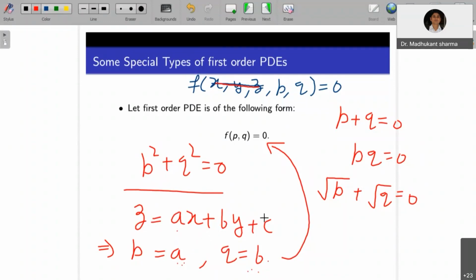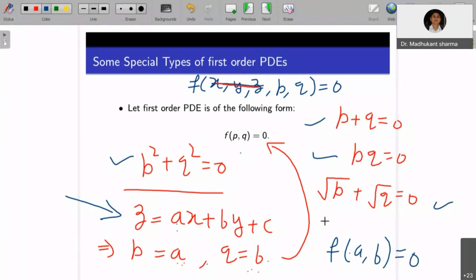One arbitrary constant can be eliminated in this fashion. So whenever you see equations involving only p and q, you can directly attempt the solution z equals ax plus by plus c, where a and b are related by f of a comma b equals 0. Means you replace p by a and q by b.